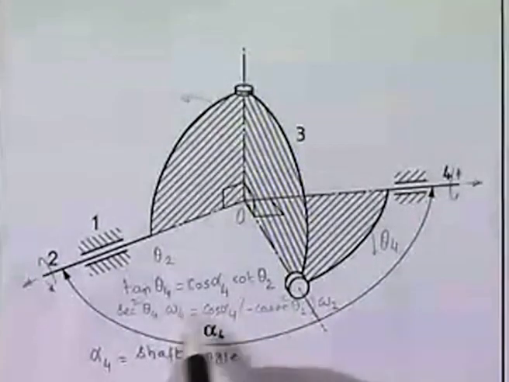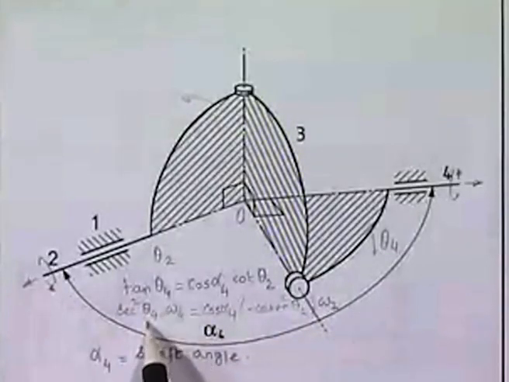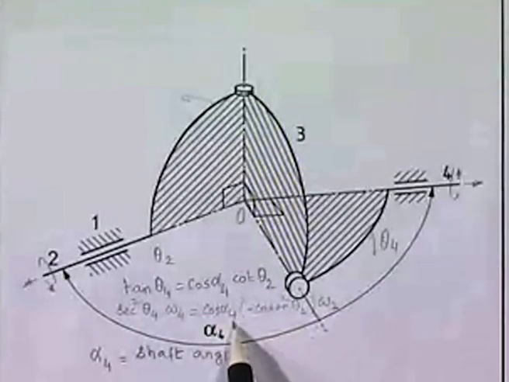So omega 2 and omega 4 are different depending on the values of theta 4 and theta 2, and obviously the shaft angle alpha 4.